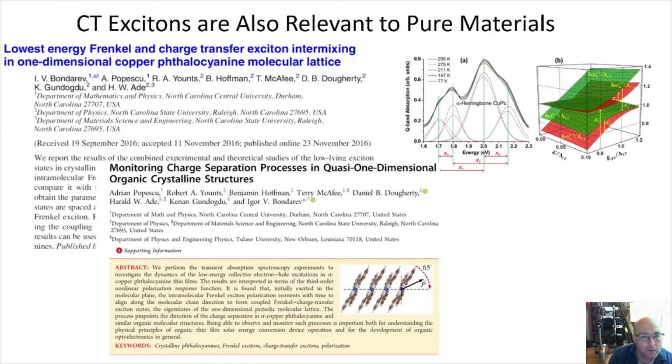But even in materials that have only one type of molecules, CT excitons are important. Here I'm showing you 2 papers that my group collaborated on over the past couple years, where our theory collaborators at North Carolina Central University, led by Igor Bondarov and his colleague, I believe A stands for Adrian, but I'm not sure, Popescu.